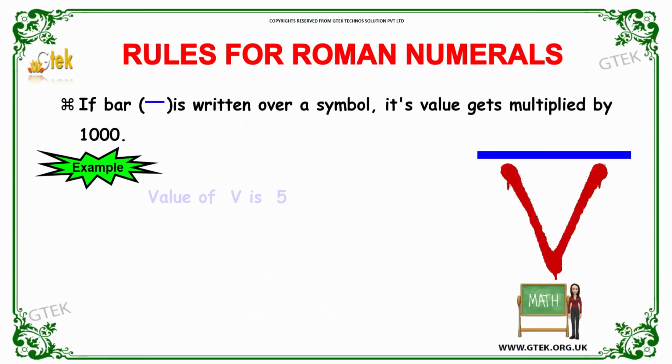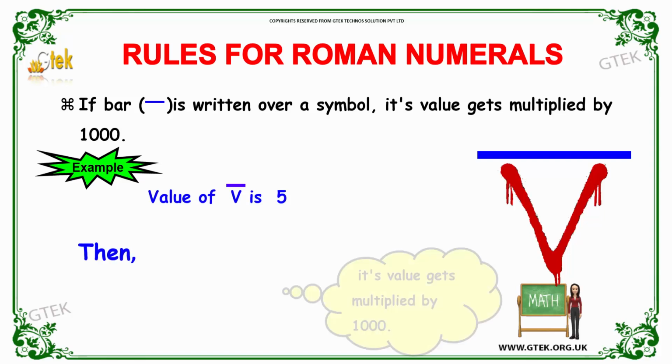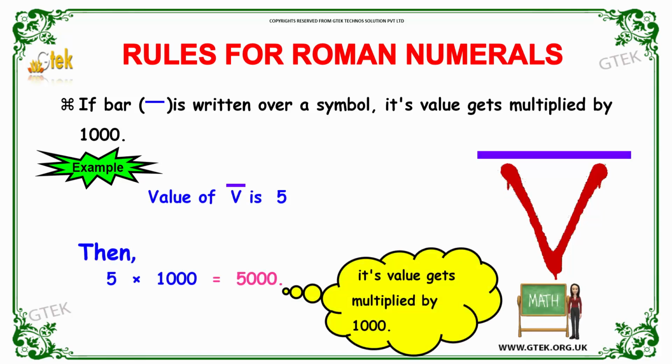If you see, we have a Roman numeral which is placed with a bar over it. In that case, the value gets multiplied by 1000. Let us take the example.